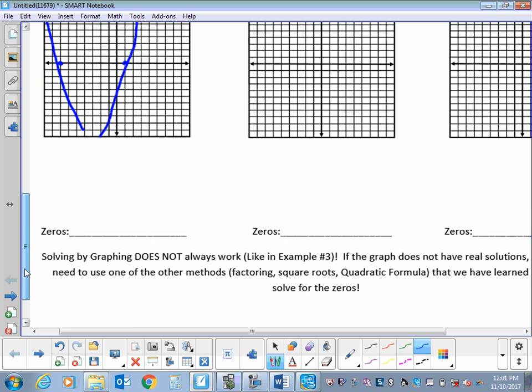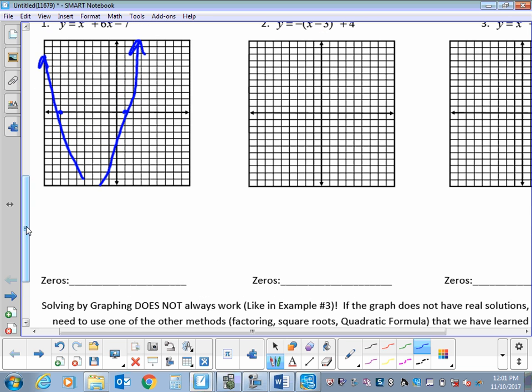The main thing we want to know are my zeros. Zeros, aka solutions, x-intercepts, all of that. So I'm going to do x equals, in brackets, negative 7 and positive 1. Do not put them in parentheses.